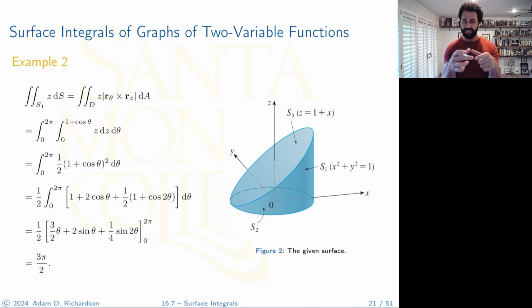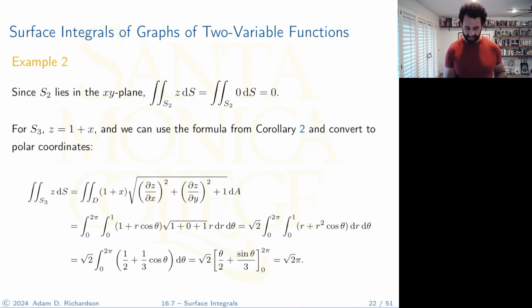So S2 is that disk, and that disk lies in the XY plane. So when we integrate Z over that disk, well, Z is equal to 0 on the XY plane. So we're integrating the 0 function, and we're going to get 0. So there we go. That's that one.